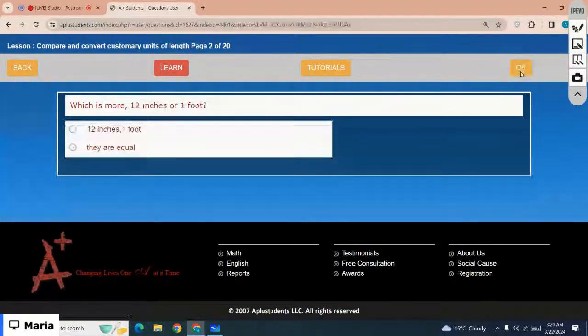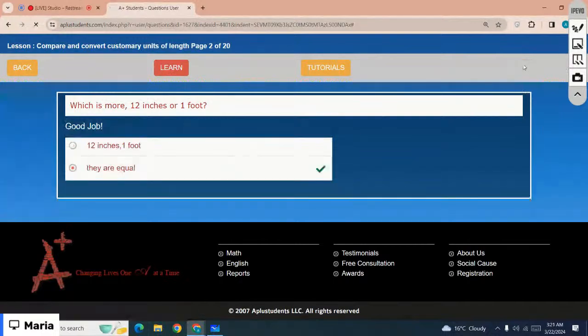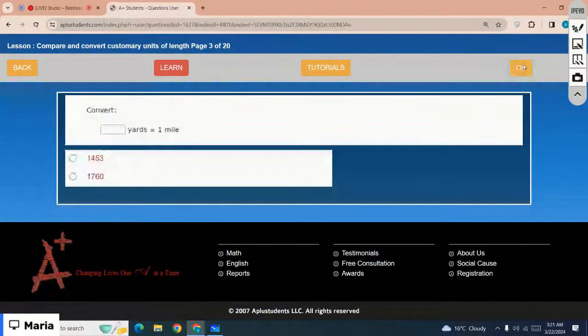Okay, which is more, 12 inches or 1 foot? Which is the correct option? They are exactly equal. 1 foot equals 12 inches. So they are exactly equal. 1 mile equals how many yards?